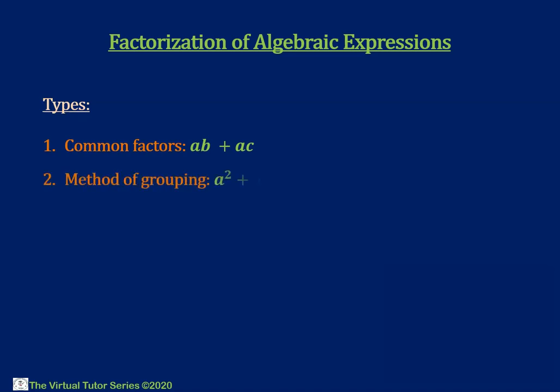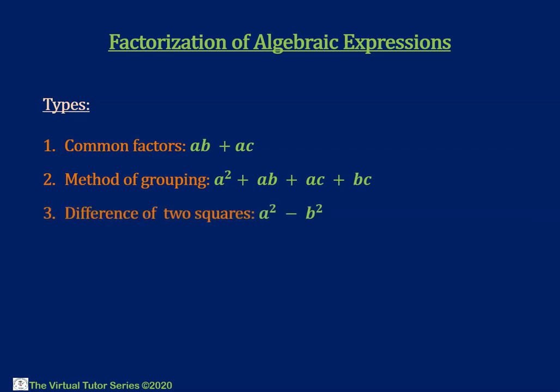Factorization of algebraic expressions. We will learn how to factorize the following types of algebraic expressions. Number 1. An expression that contains common factors. Number 2. Method of grouping. Number 3.